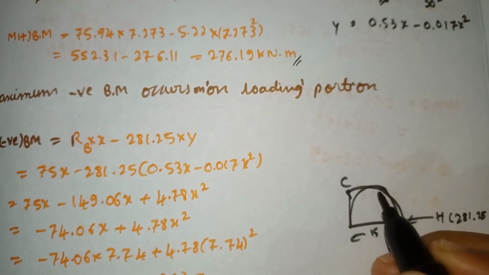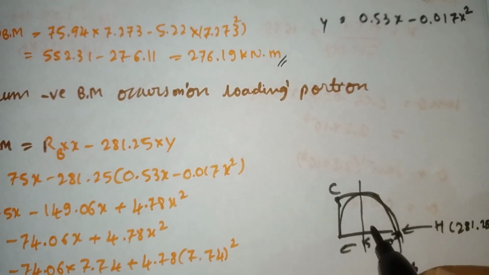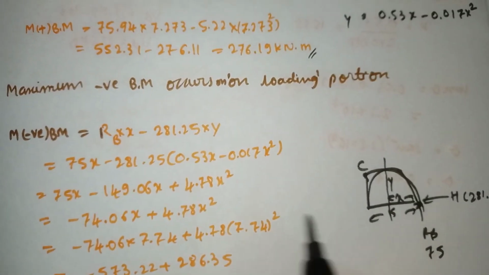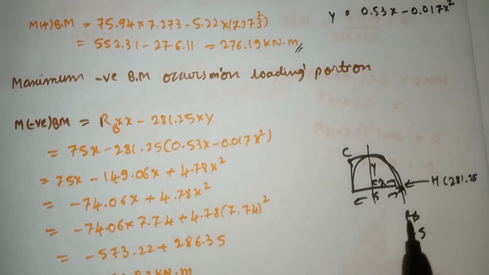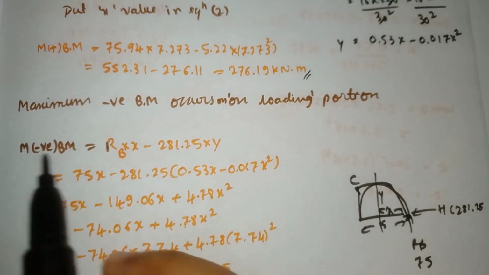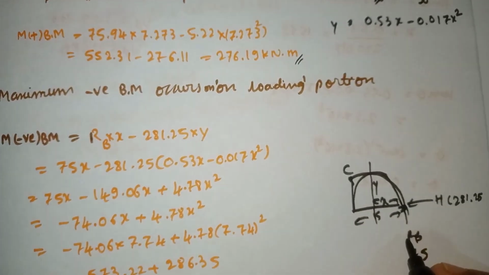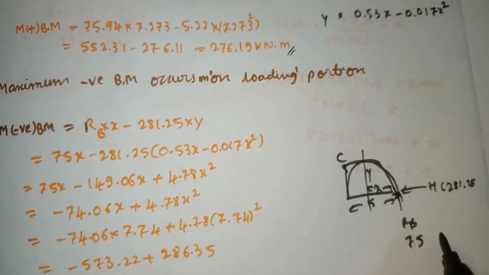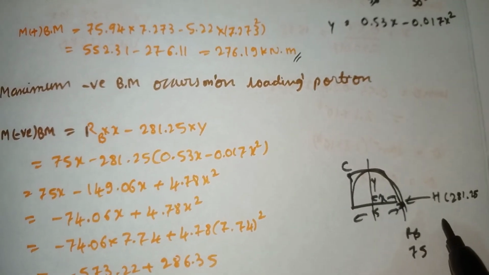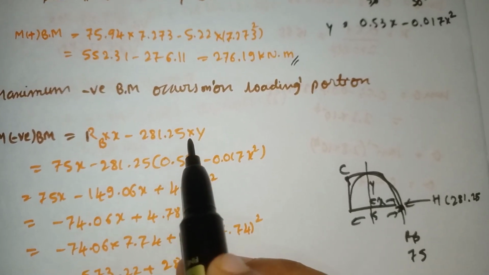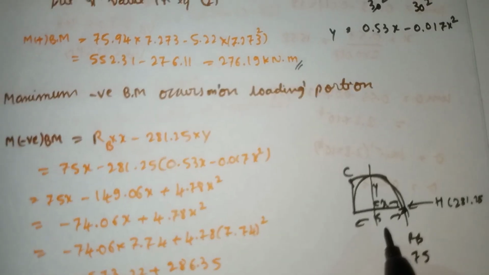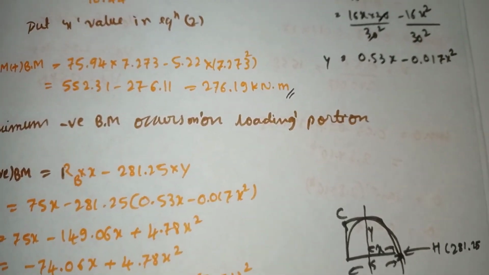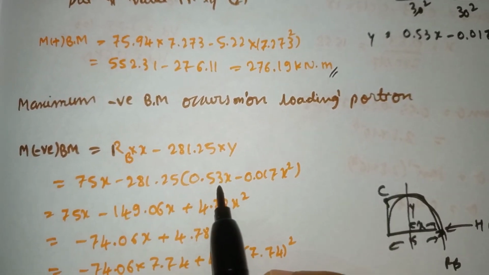If you cut the section, like this is the X and this is the Y. Now taking moment about C, RB moves clockwise, moving upward, so RA into this distance X, minus, this is moving anti-clockwise, H into this distance Y. Our H is 281.25 into Y distance, this is Y. This Y is the same as what we calculated for the maximum positive bending moment, so we substitute the same value.